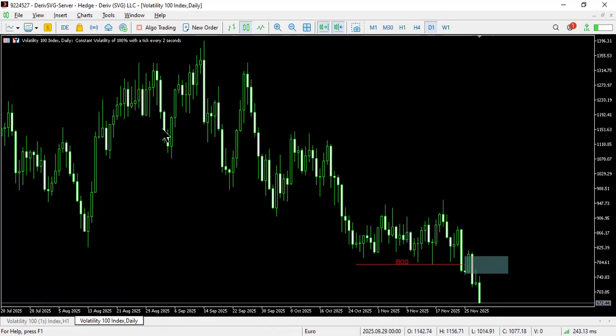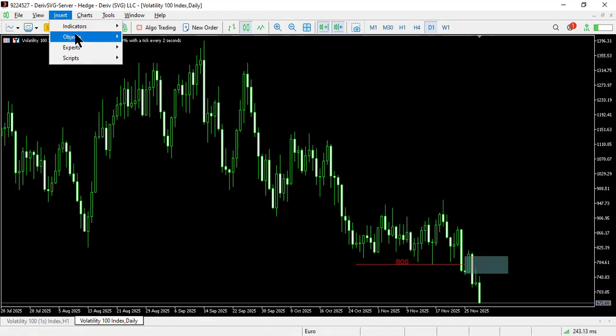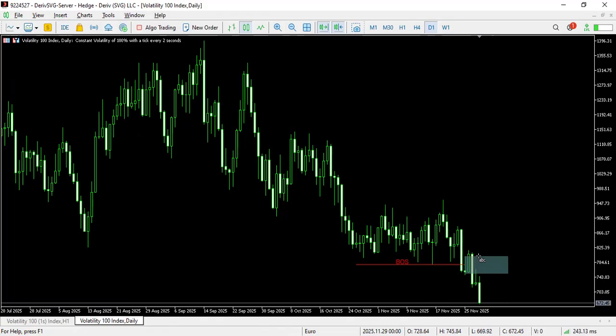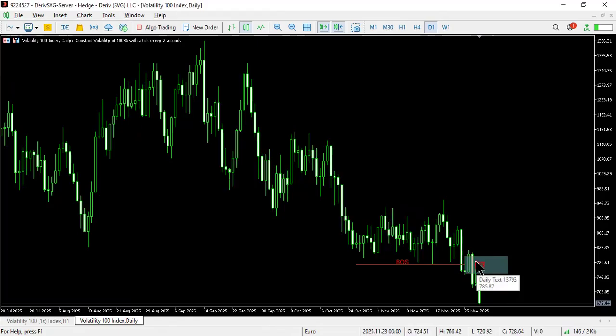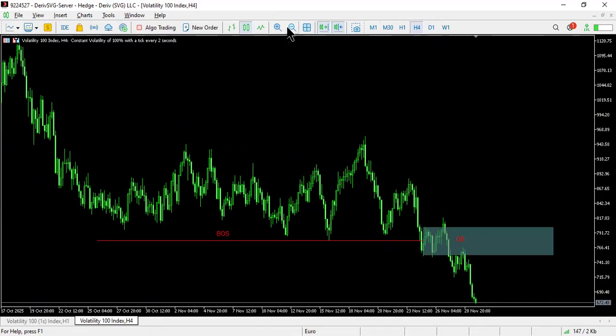That is the order block. That is the order block from the daily time frame. We'll see as we go lower if that order block was mitigated or not, and then we'll position for another recent break of structure. But that's it from the daily.